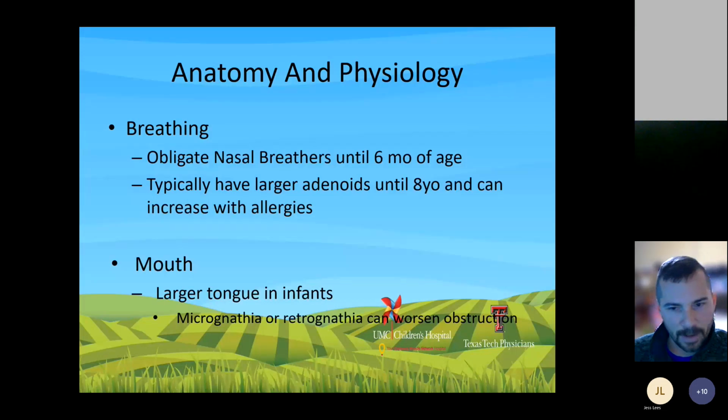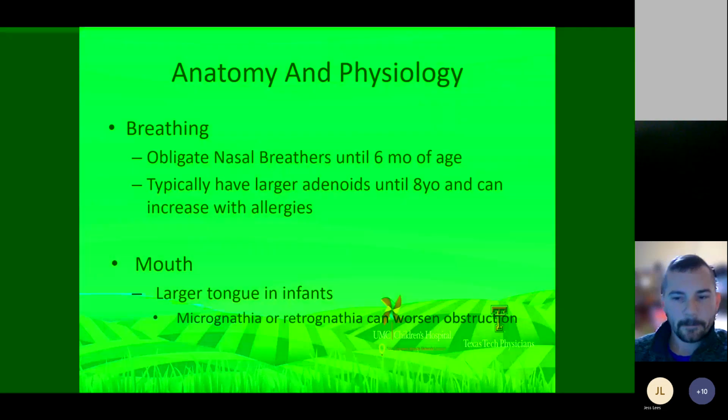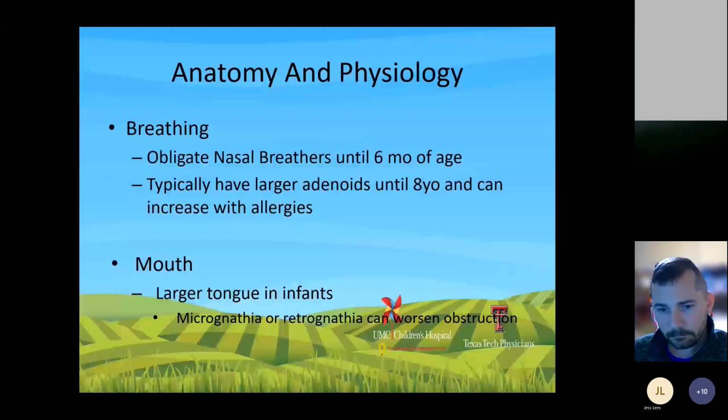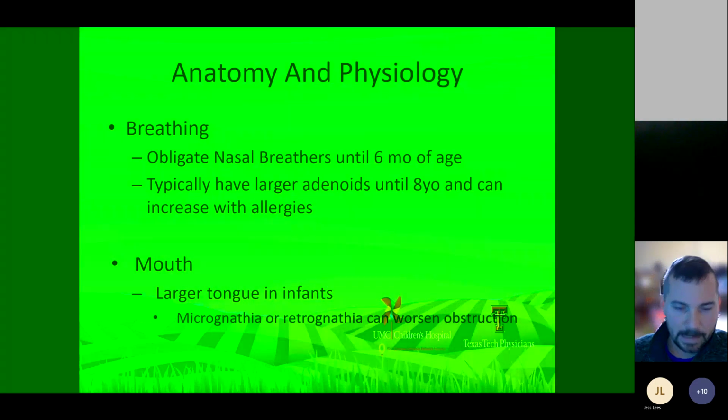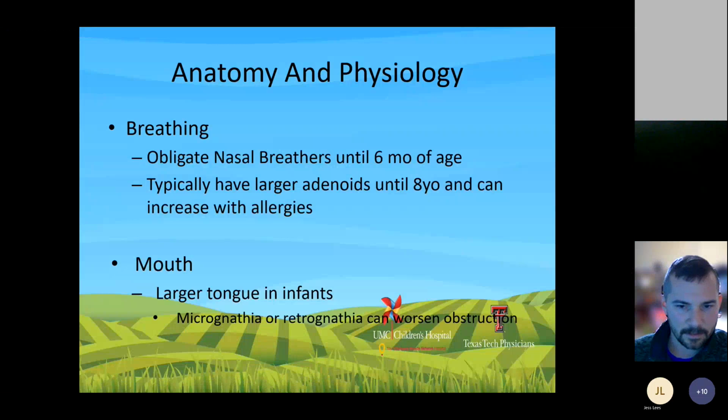They do have larger adenoids, that part of the back of the throat, the nose area, which are rather large. And so these can cause issues until about 8 years of age. That's why a lot of kids get adenotonsillectomies. Sometimes they have larger airway tissue that causes sleep apnea or obstructions early in life, and they get a referral to ENT.